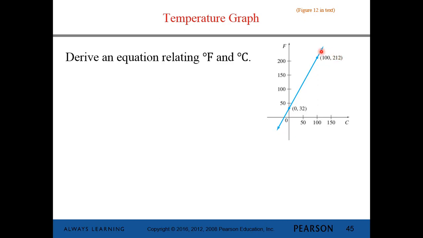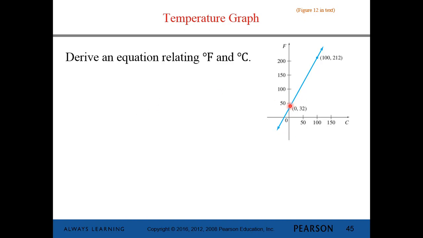Okay, so notice that this is Celsius and Fahrenheit. So the first thing we need to do is what? Well, we've got 2 points, and we need to figure out the linear relationship and derive the function that relates Fahrenheit and Celsius. Well, we need to find the slope of this thing, right?